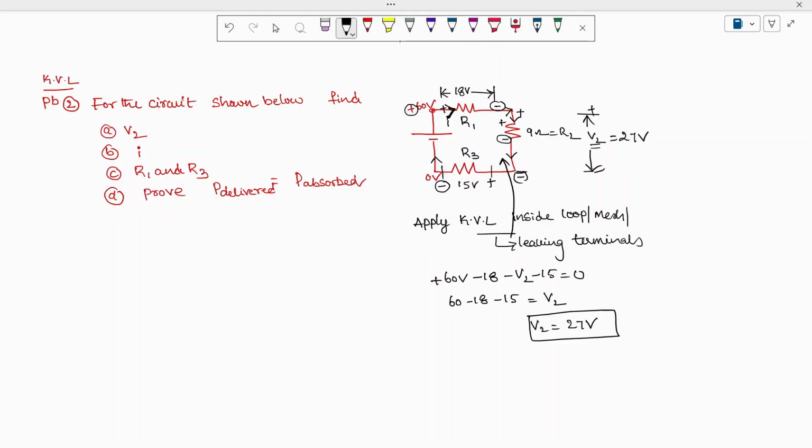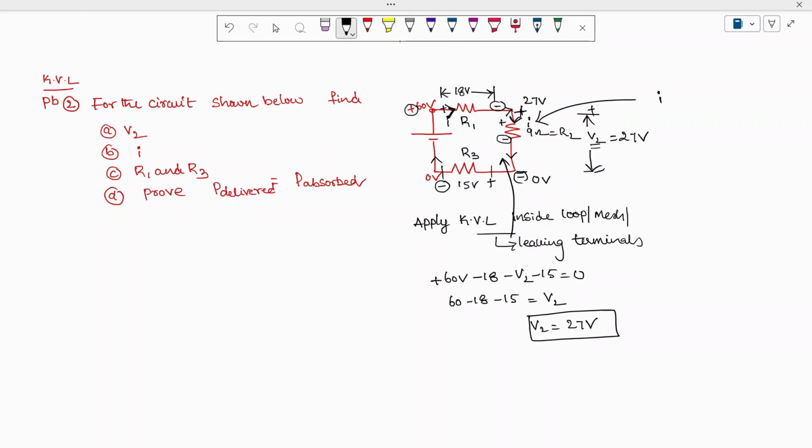Next we need to find the current I. How do we find it?